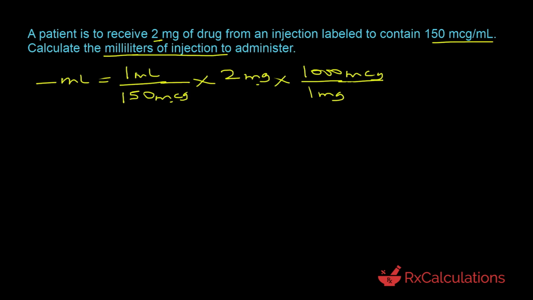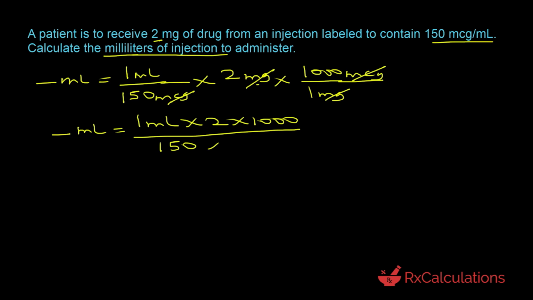So at this point, the microgram can cancel out and the milligrams can cancel out. And we can multiply all the terms in the numerator and divide by all the terms in the denominator. And that would imply that you have 1 milliliter times 2 times 1,000 divided by 150 times 1. And now that's going to be equal to 13.3 milliliters.